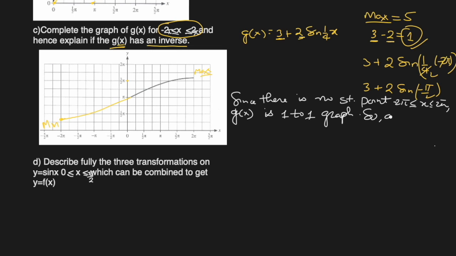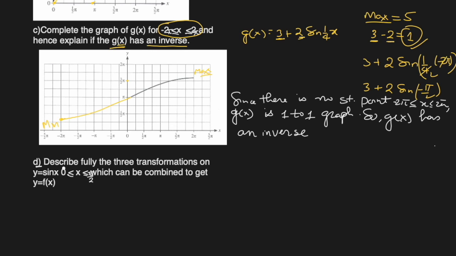So gx has an inverse. A horizontal line will never cross through 2 points. So in the inverse, the vertical line will not cross through 2 points, and that's why it is a function.